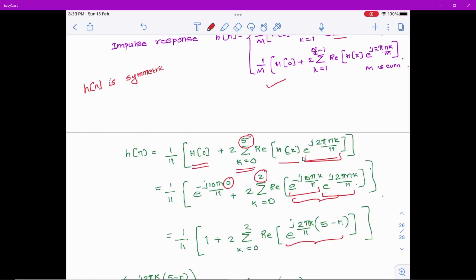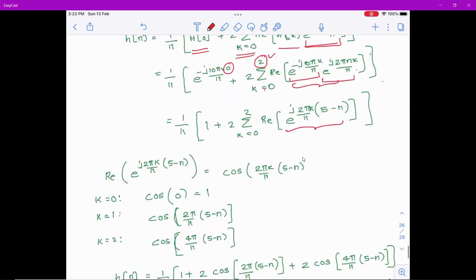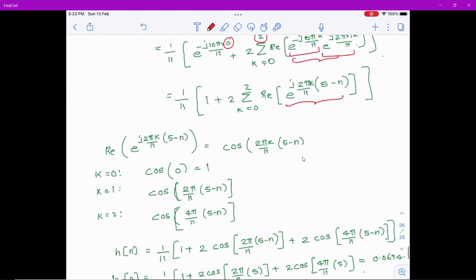So k is ranging from 0 to 2 instead of 0 to 5. And RE means it is the real part of e raised to j 2 pi k by 11 into 5 minus n. Now e raised to j theta is cos theta plus j sin theta, and the real part is cos theta.